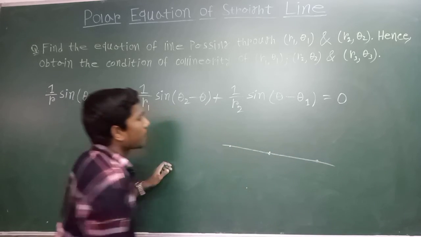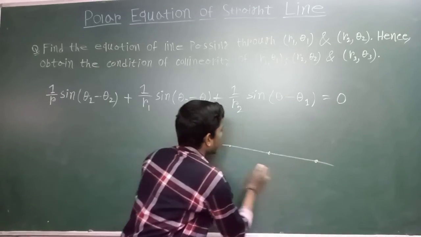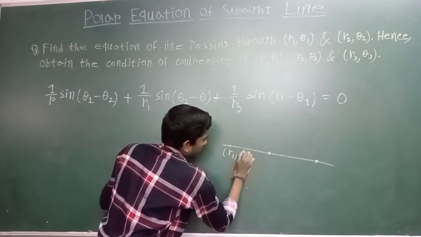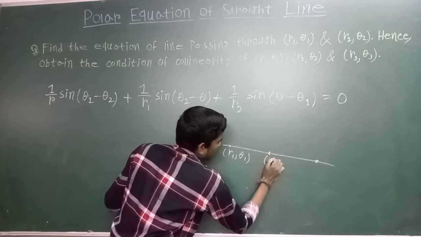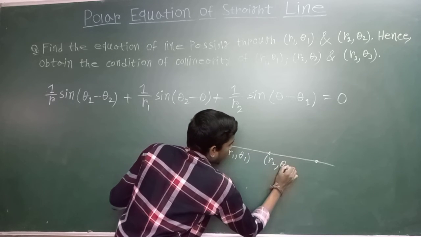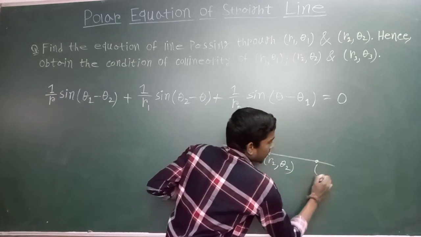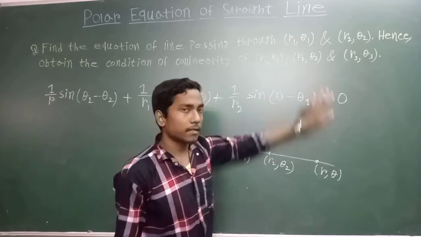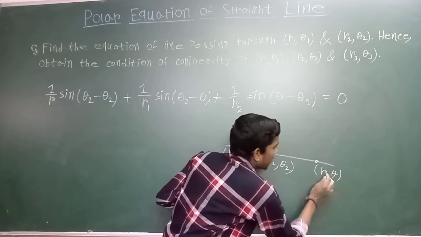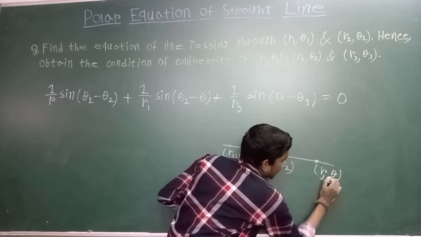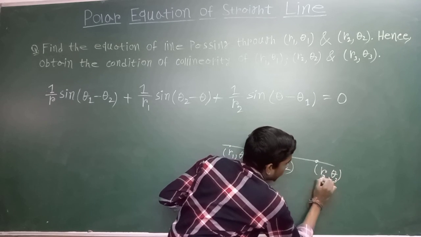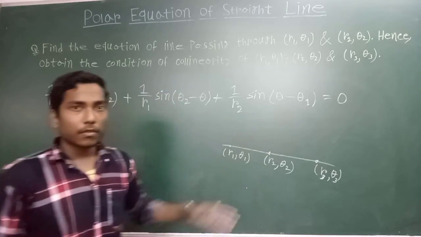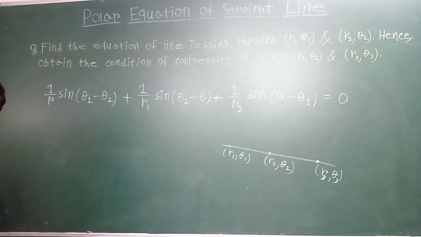In this equation we have taken 2 points, r1 theta 1 and r2 theta 2, and one more point, the arbitrary point r theta. But in the case of 3 points, we can replace this arbitrary point by r3 theta 3, and if these 3 points satisfy the equation, we will get the condition of collinearity.